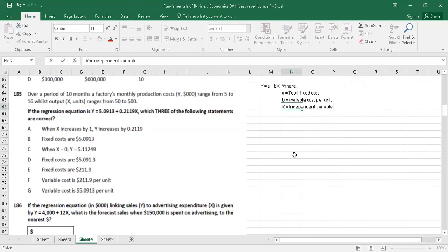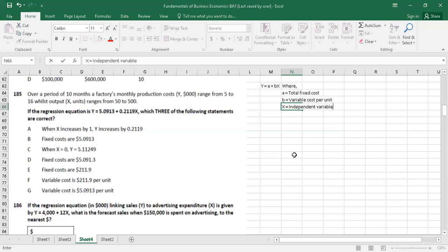When X increases by 1, Y increases by 0.2119. Then fixed costs are 5.0913. Then when X is equal to 0, Y is equal to 5.11249.